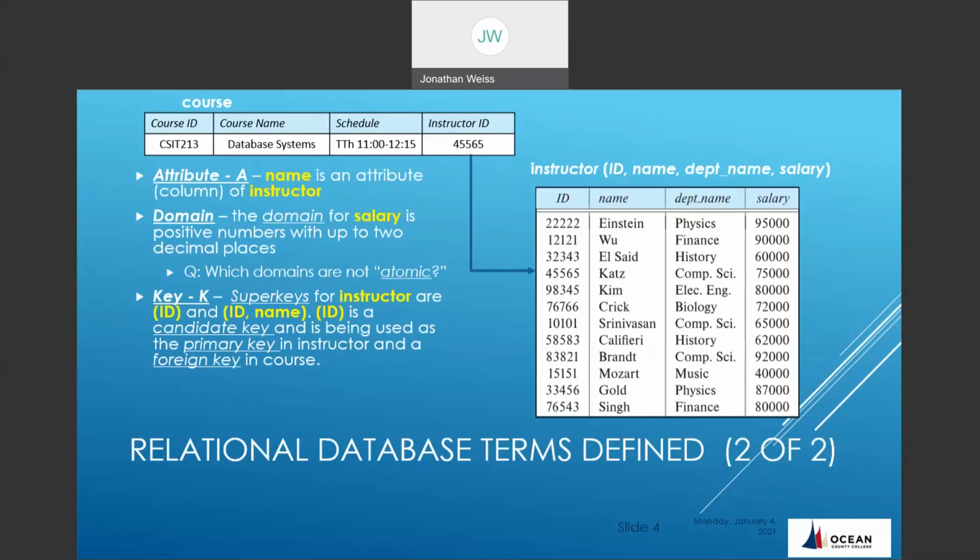They're related. And if you remember our entity relationship diagram that we did at the beginning, we said that an instructor teaches a course. The way we know that that instructor teaches the course is because the instructor ID, the foreign key in course, points to that instructor.